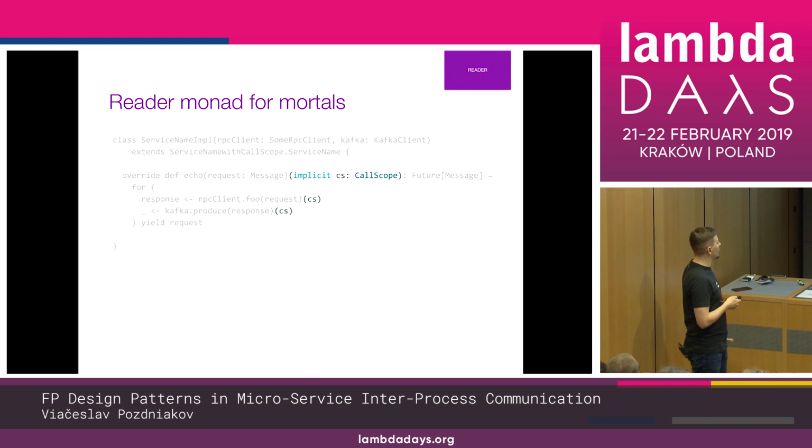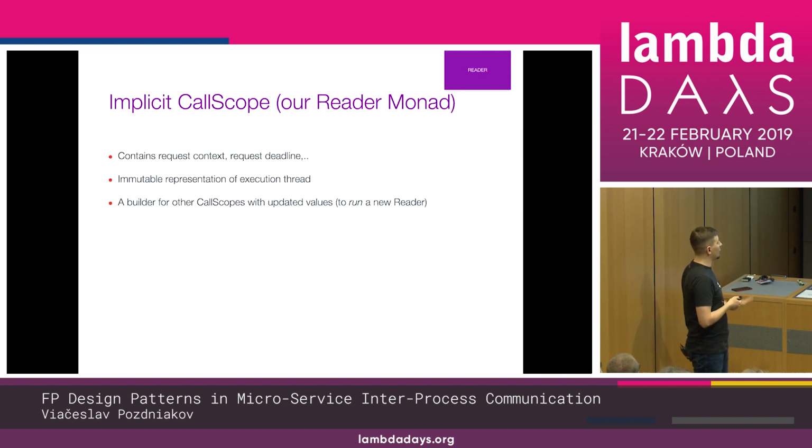So this is what we did. And it was a really nice solution in my opinion, because it's that simple. It reuses Scala syntax. This call scope contains all the data which is needed for processing a request. It's an immutable thing, and you can create new call scopes by adding some value into the call scope.